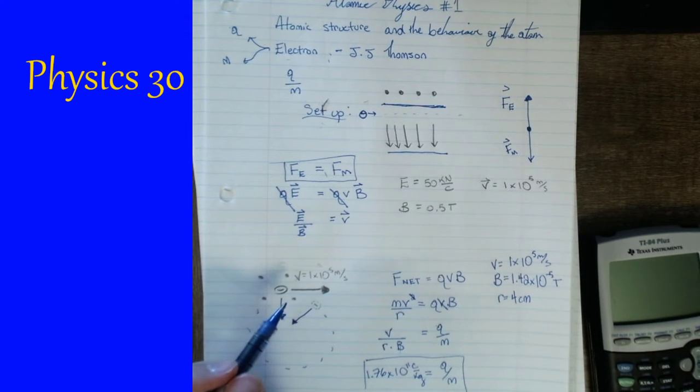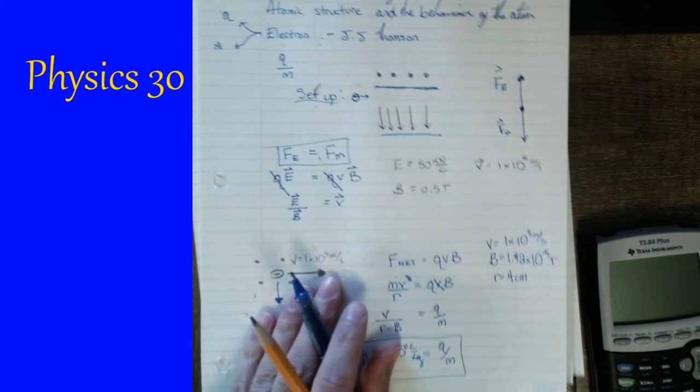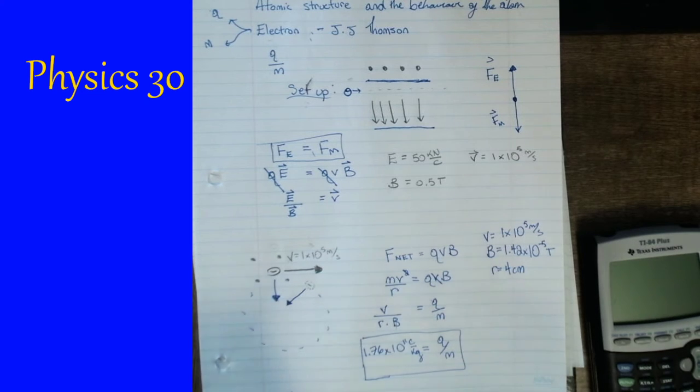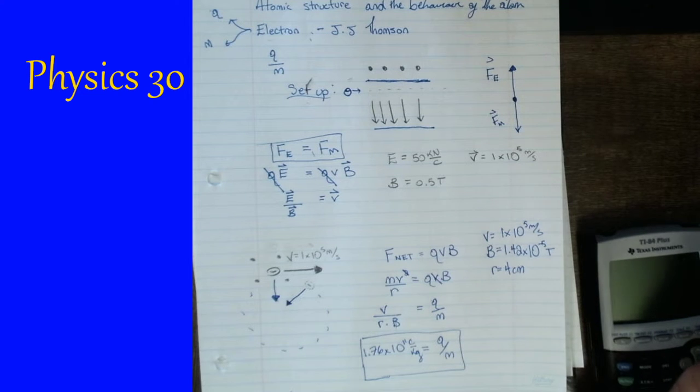Well, this is now kind of useful. This provided pretty big insight to its comparison with the nucleus of an atom. But what's more important is what's going to then be done with that charge to mass ratio.